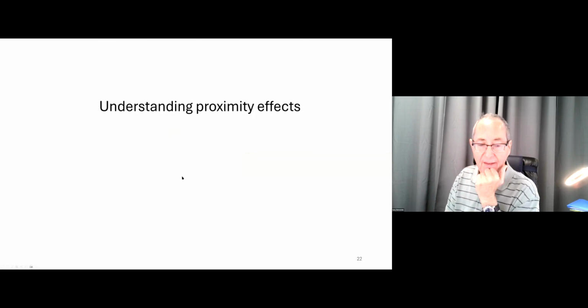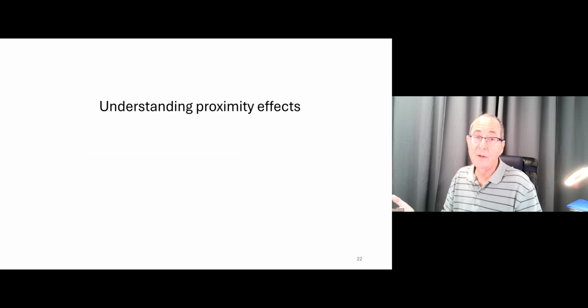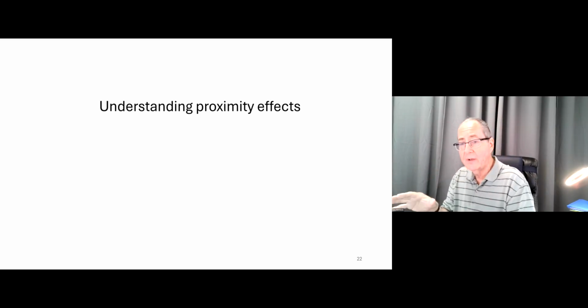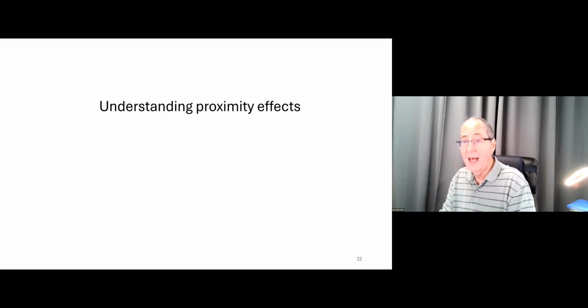Okay, now about proximity effects. If you're only making large patterns or you're making small patterns that are very far away from all the other patterns, this will not be important to you. But if you're making any patterns that are nearby any other patterns, they're talking to each other through backscattered electrons all the time.